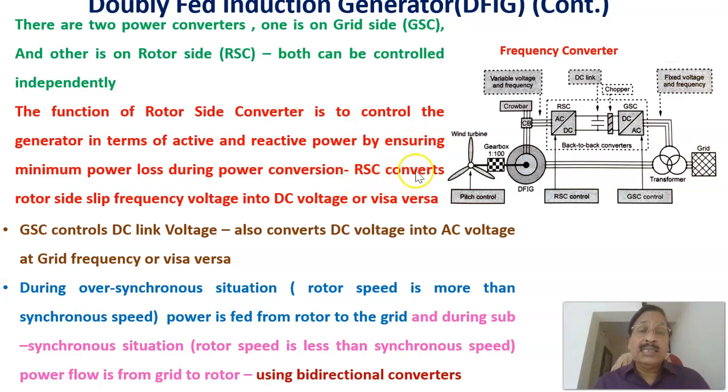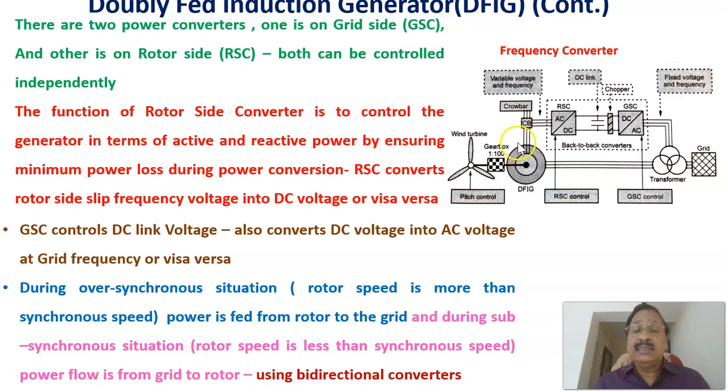Basically, RSC is the rotor side converter. Its function is to convert the slip frequency voltage. In induction generator mode, the rotor speed will be more than the synchronous speed, so then only it will work as an induction generator.